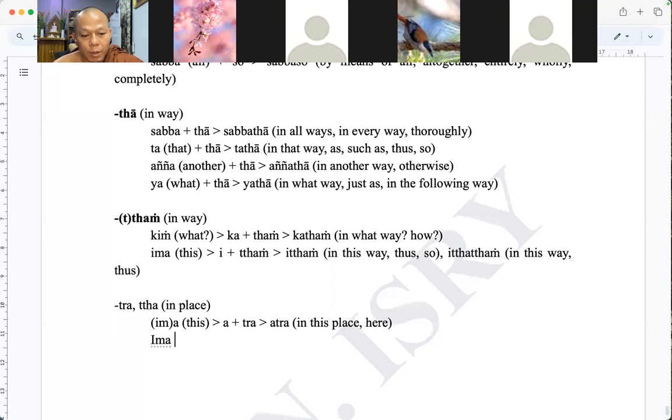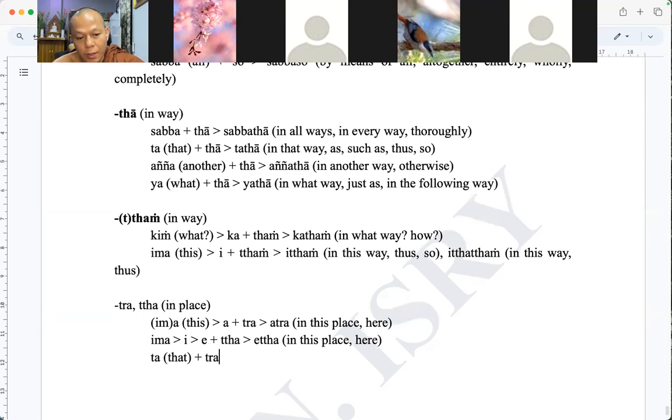The same with that ima, but contracted as e, so that e is changed to the a. So after that the ta. So we have the ita. Okay. So ita also has the same meaning, in this place or here. But da. So da means that.